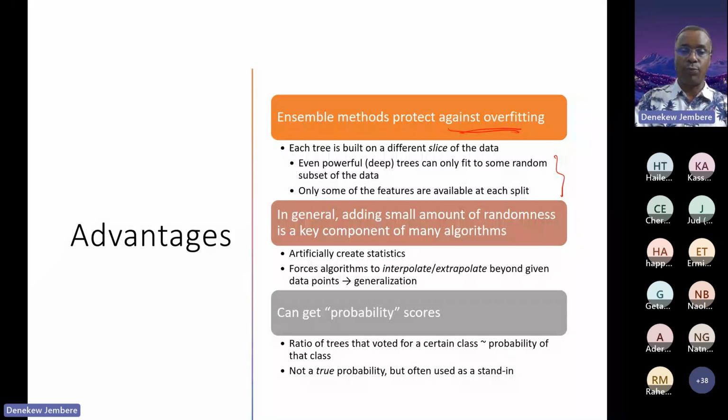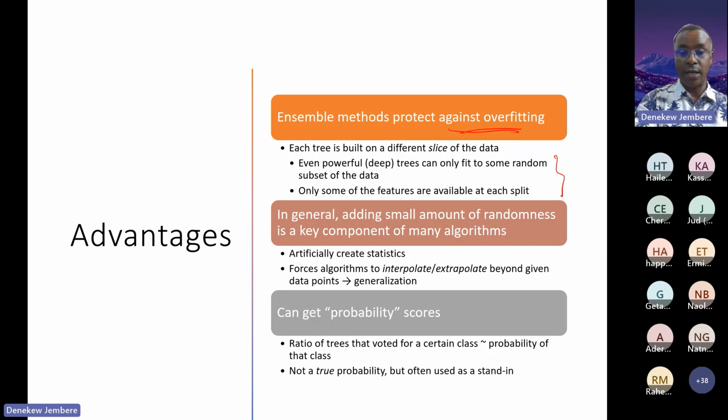Some of the edge cases would then be handled by one or more of the ensemble models. And it can give probability scores, the ratio of trees that voted for a certain class.